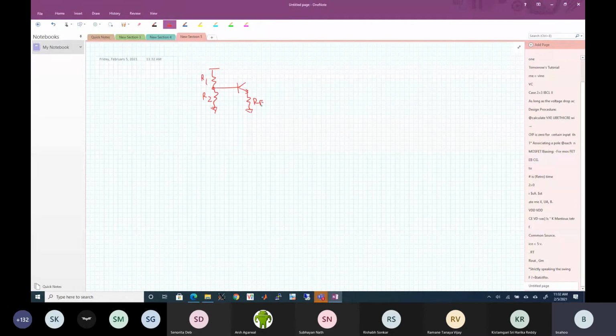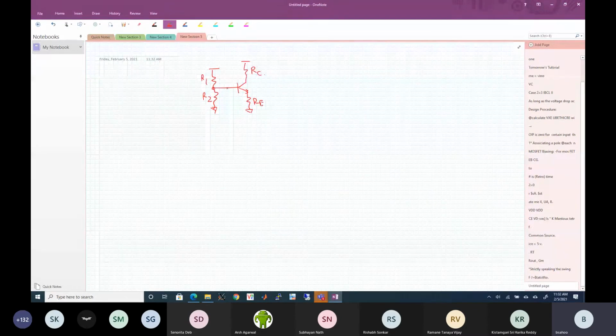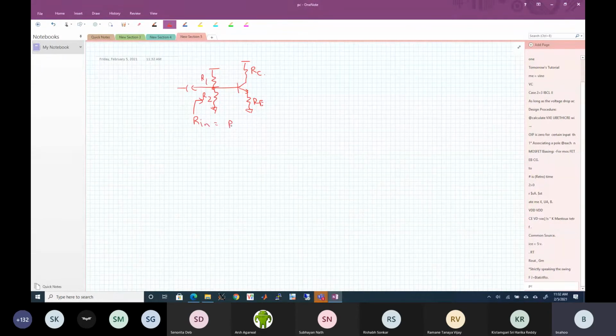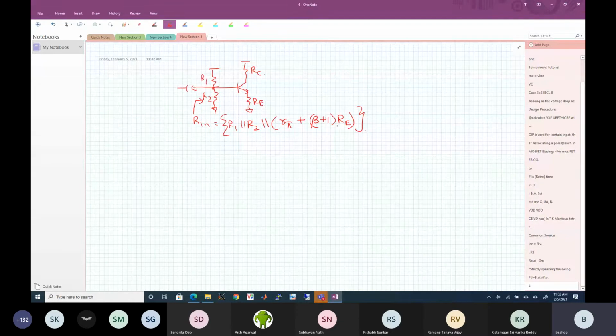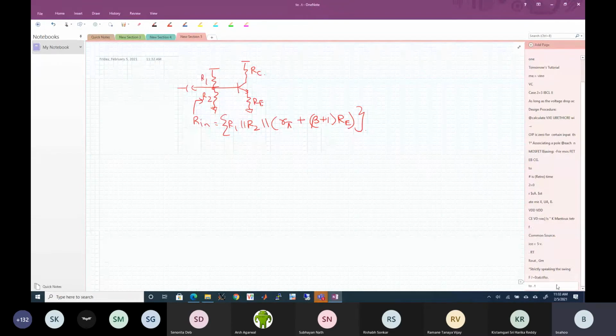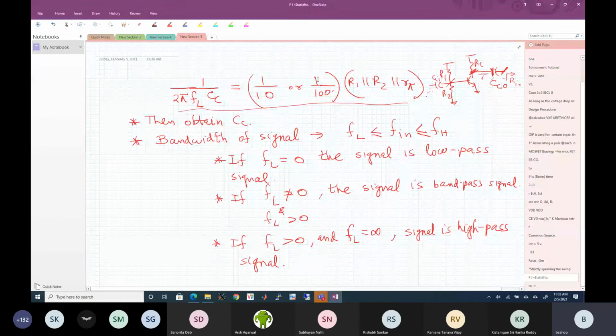That time the input impedance Rin will be R1 parallel R2 parallel, what is it going to be? R pi plus 1 plus beta Re, very good. So now in the expression that we just saw, 1 plus beta Re will come in. That's the only modification.